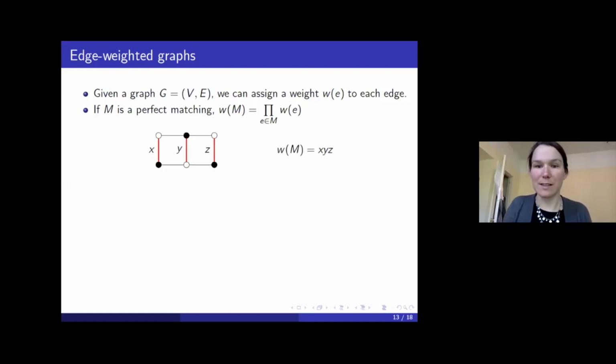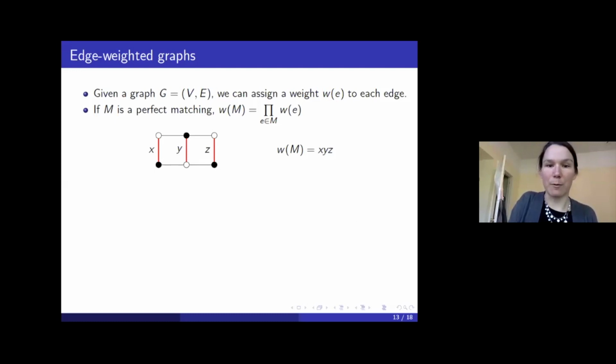Just to give an example with a small graph, this graph has 3 edges with weights x, y, and z, and the edges that aren't marked, you should assume have weight 1. And the weight of the matching shown is xyz, because the matching consists of these 3 vertical edges.